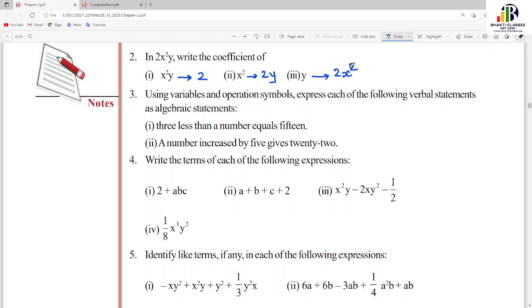Okay. Question number 3. Using variables and operation symbols, express each of the following verbal statements as algebraic statement. 3 less than a number equals 15. So its algebraic expression will be a minus 3 is equal to 15.